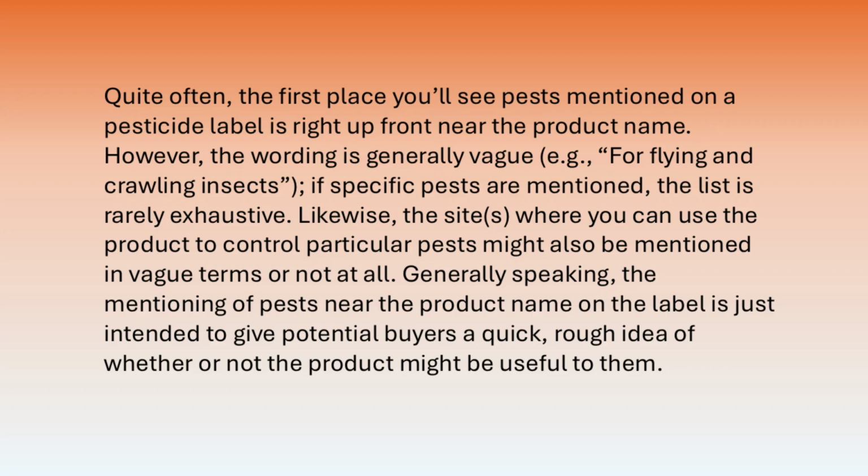Likewise, the sites where you can use the product to control particular pests might also be mentioned in vague terms or not at all. Generally speaking, the mentioning of pests near the product name on the label is just intended to give potential buyers a quick, rough idea of whether or not the product might be useful to them.